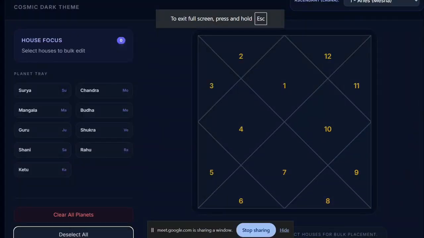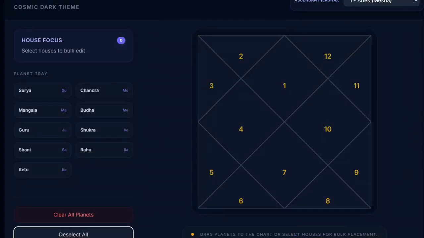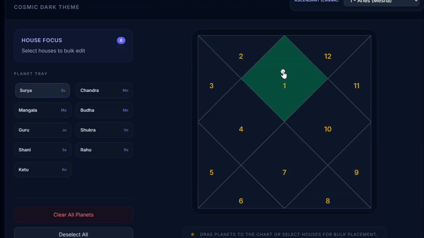You see the screen, this North Indian chart. Let us place a planet in this house. Let's say I place Sun here in the first house.